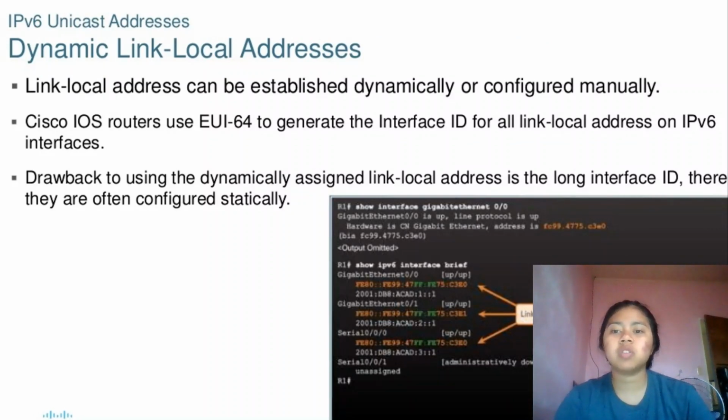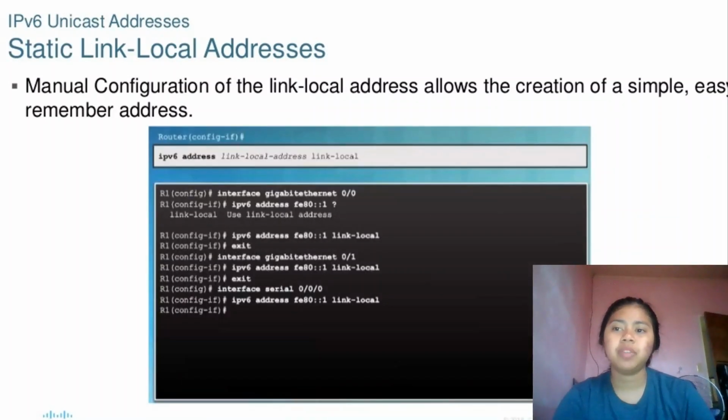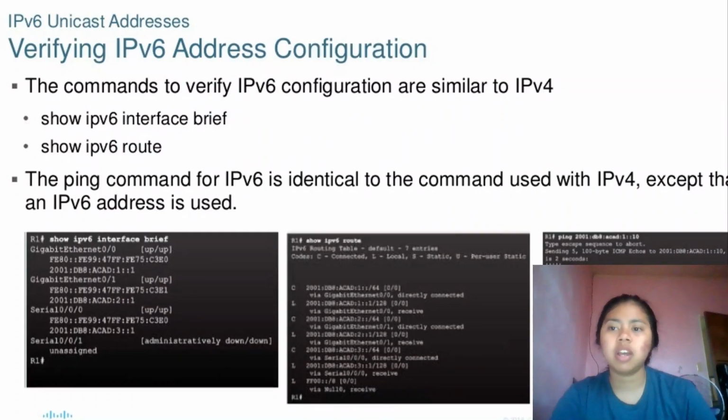Cisco IOS routers use EUI-64 to generate the interface ID for all link-local addresses on IPv6 interfaces. Static link-local addresses: manual configuration of the link-local address allows the creation of a simple, easy-to-remember address.